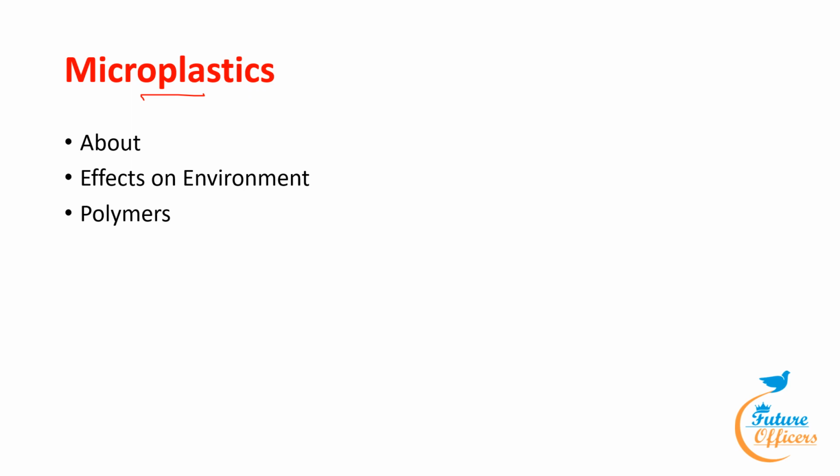Microplastics are tiny plastic particles that result from both commercial product development and the breakdown of larger plastics. They are defined as plastics less than 5 millimeter, which is 0.2 inches in diameter.